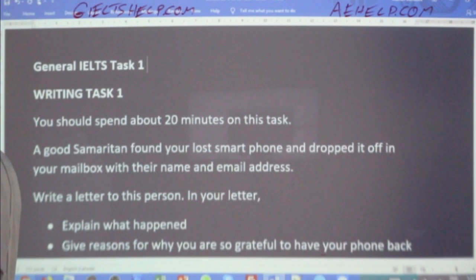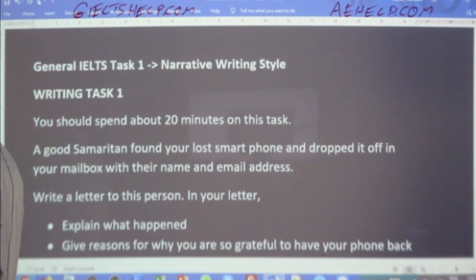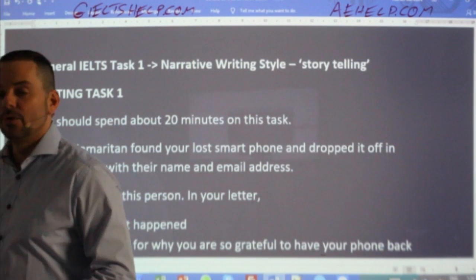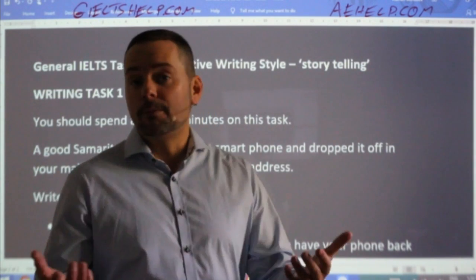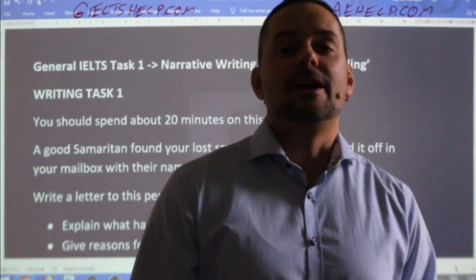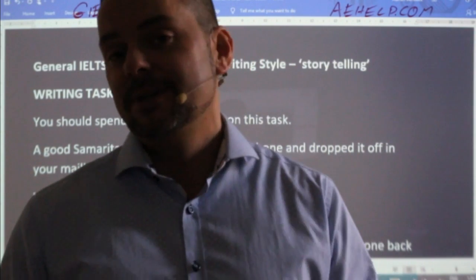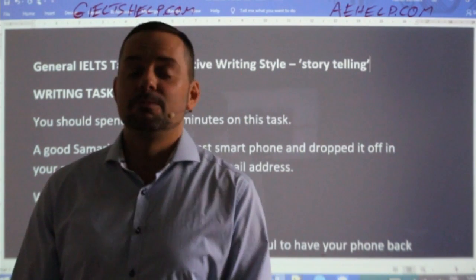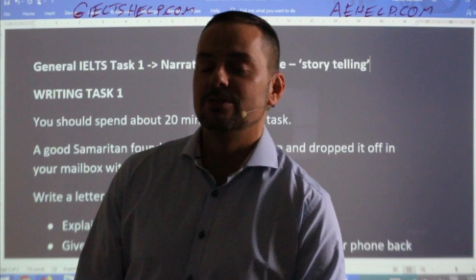Okay, it's narrative style of writing, which commonly is called storytelling. So you tell a story. That story can be formal, can be informal. It can be, in this case, it's a letter. In other cases, it could be a fairy tale, like what you read to children at nighttime.